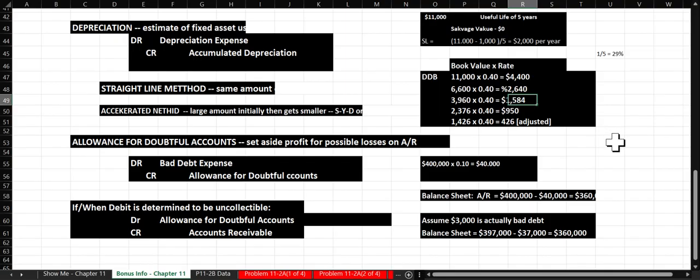Here is the key point. Regardless of the method of depreciation that is used, you cannot depreciate the asset for more than its depreciable value. So if it's going to be depreciated down to 1,000, regardless of the method used, the maximum amount that will be recorded over the useful life will be the $10,000. It's just a question of how fast we write that off depending on the method that's used.